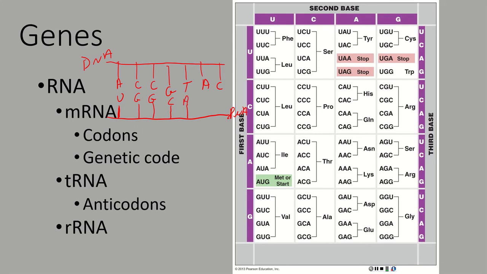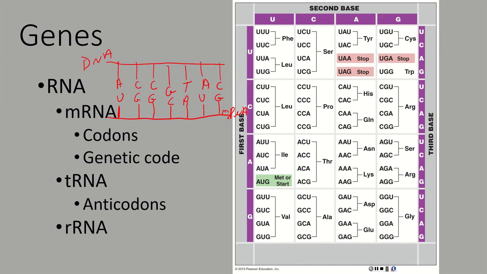A. There's an A on the DNA side again, so it's a U on the RNA side. And C gives us a G. So we take the DNA and we build the messenger RNA from it.